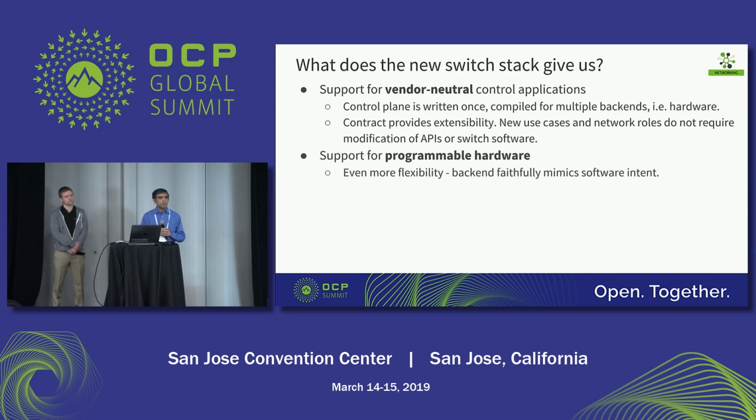And with new programmable hardware, for example Barefoot Tofino, we want the hardware to mimic exactly what our intent is, and so this new control plane gives that flexibility to exactly specify what your hardware capability is.